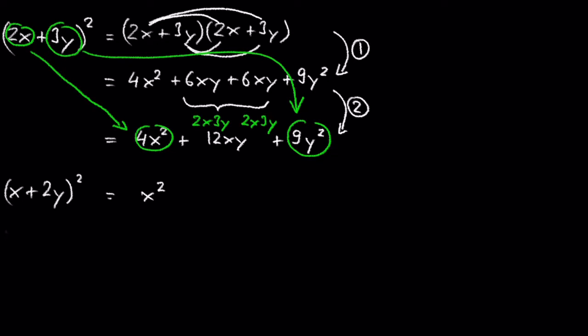Then we have to square the second addend, which is 2y, which when squared is 4y squared. Make sure that you square the 2 and the y. And the term in the middle is the first addend multiplied by the second addend and then doubled, which is then 4xy.